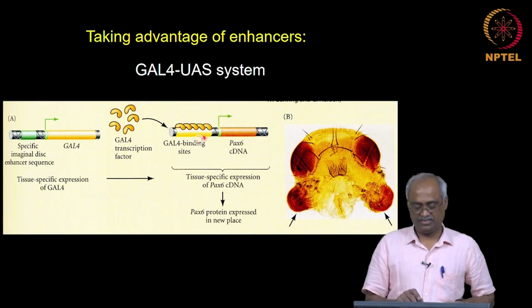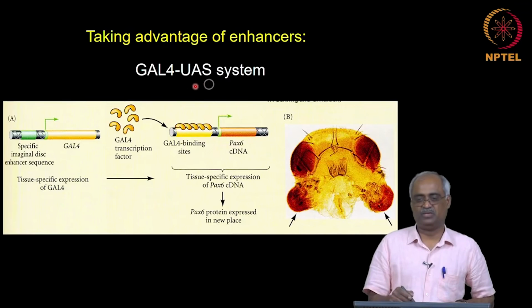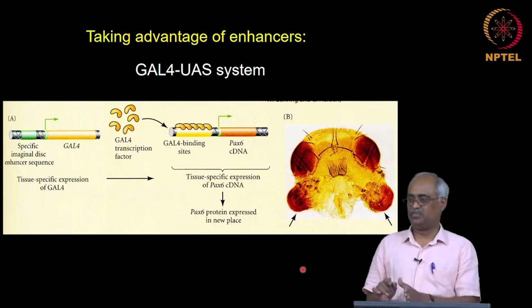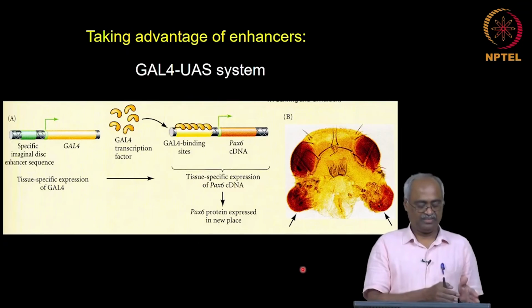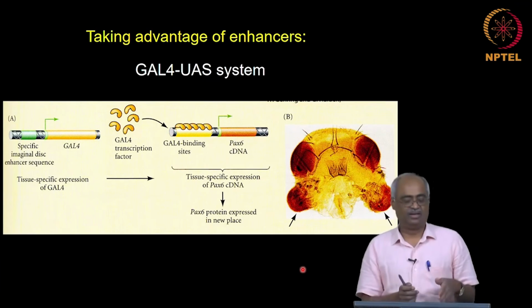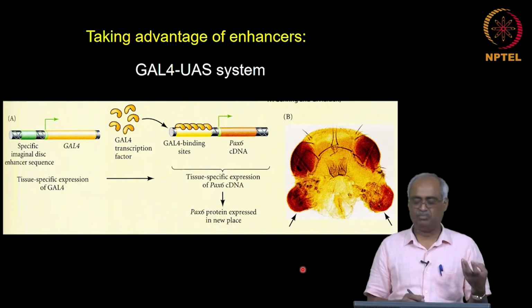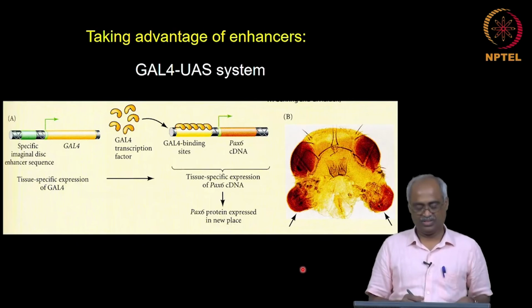This is called the upstream activating sequence, therefore UAS. So the GAL4 UAS here is for PAX6, and in the other one you have, let us say, an eye imaginal disc enhancer.